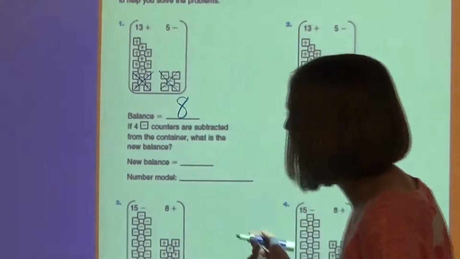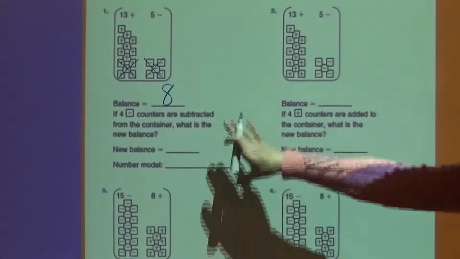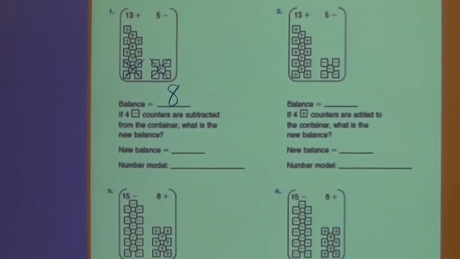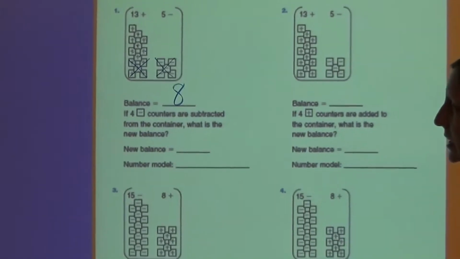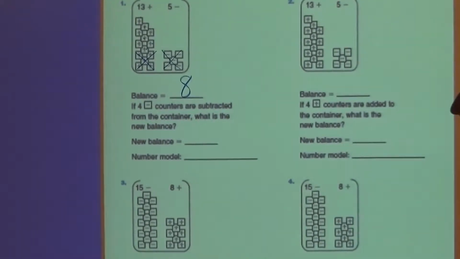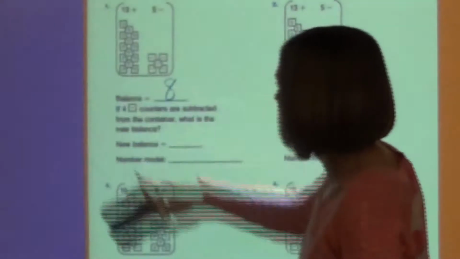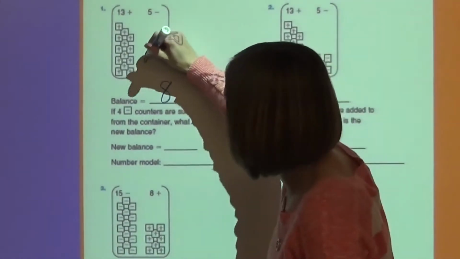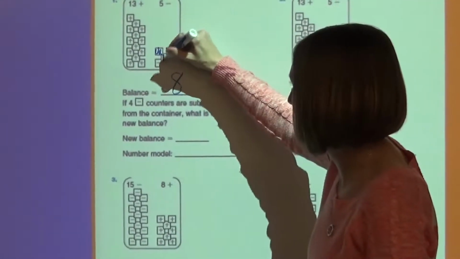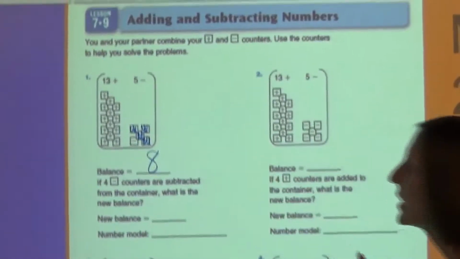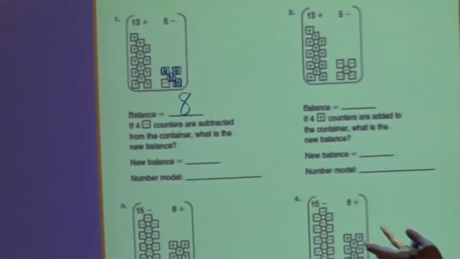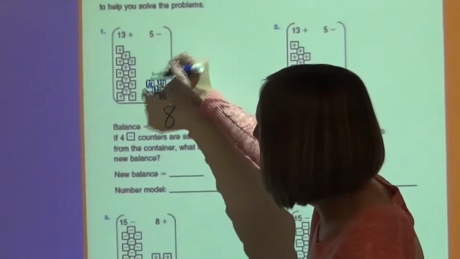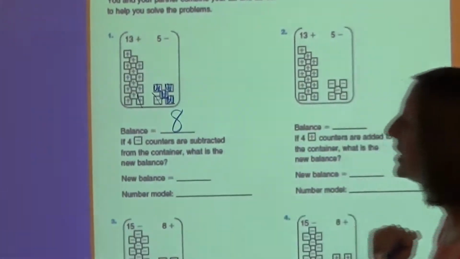Or I could take my 13 and subtract the 5 that I crossed out, and I know that my answer is 8. Okay, the next step says if 4 negative counters are subtracted from the container, what is the new balance? So if I go back and take out 4 of these, pretend that they were never there. 1, 2, 3, 4. Now what would my new balance be? So now I only have 1 to cancel out this one over here.